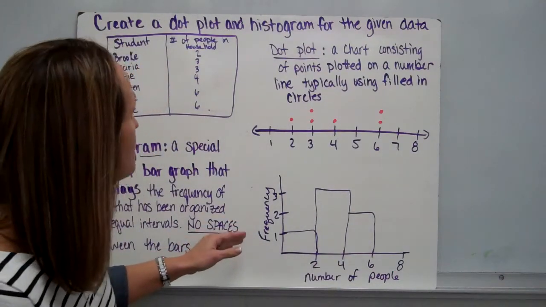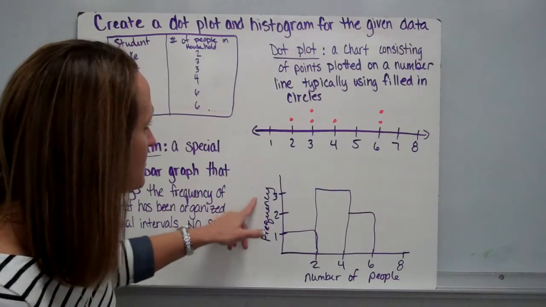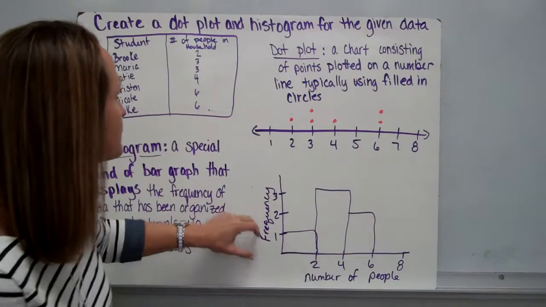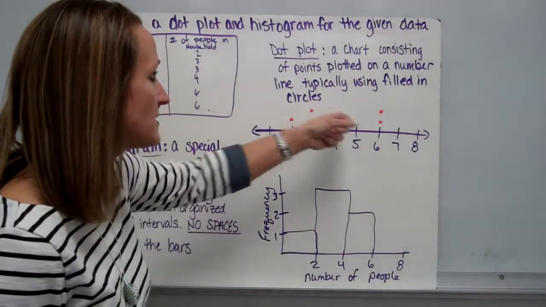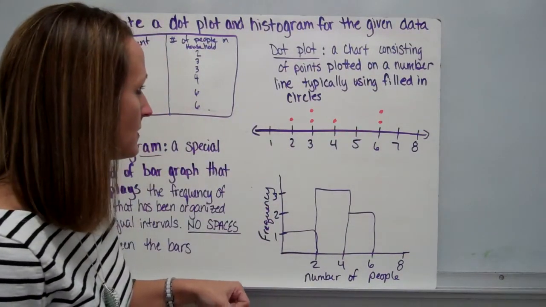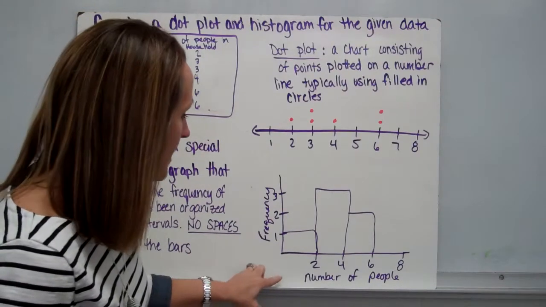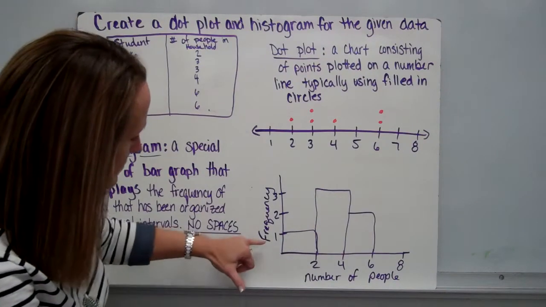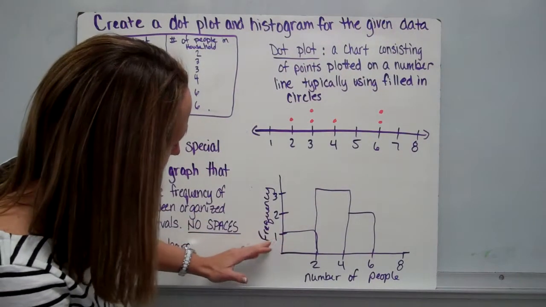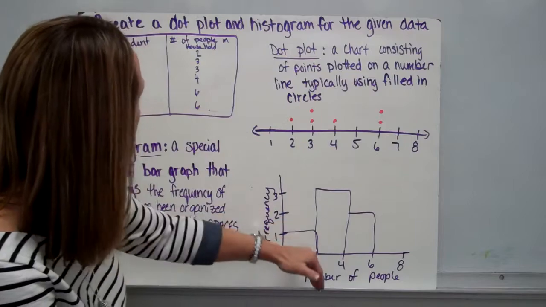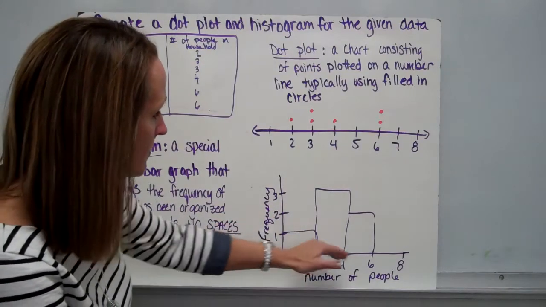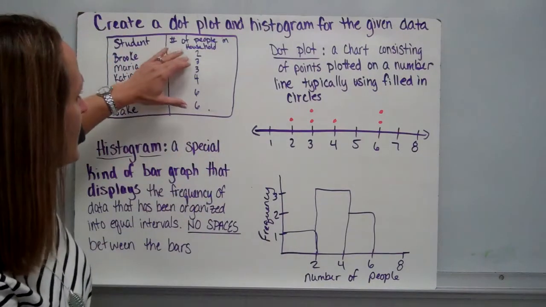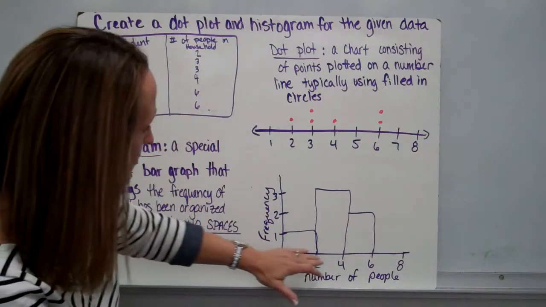So I put frequencies 1, 2, or 3 because I've never had more than 3 dots up here. And number of people 2, 4, 6, 8. My intervals were up to 2, 4, or 6, because we had 2, 4, and 6, and that just encompasses them.